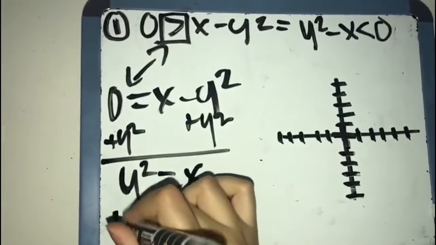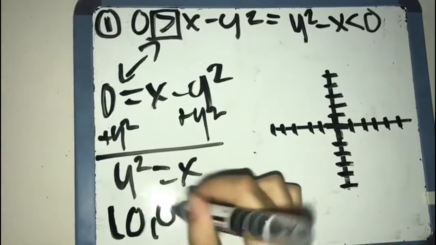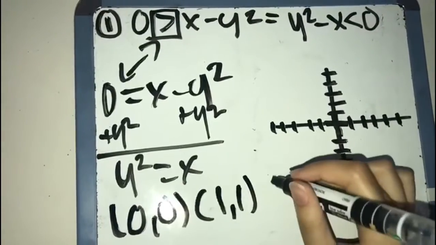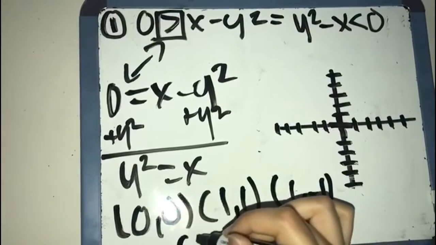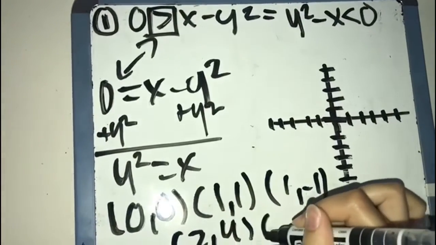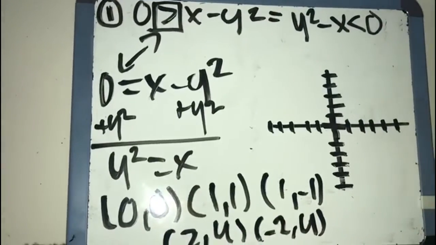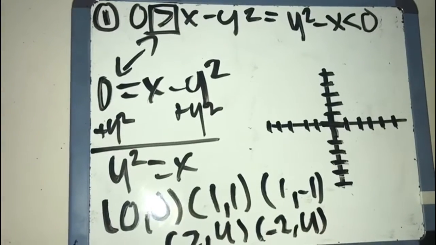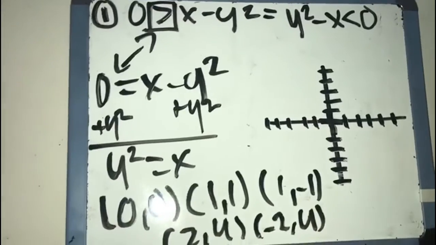Now we have to start finding the points. So we can do 0, 0, 1, 1, then 1 and negative 1, 2, 4, and let's do negative 2 and 4. We just have to replace the values. So now we found the 5 points we need, and this is like a parabola, but it's a sideways parabola, not up and down.